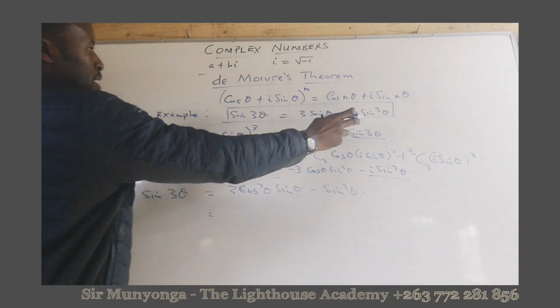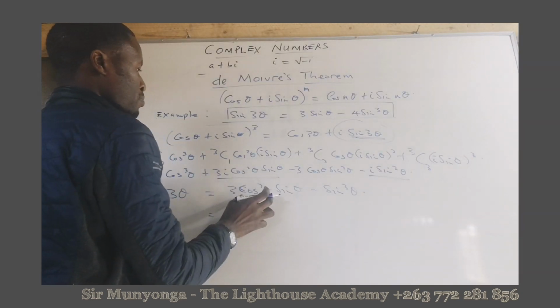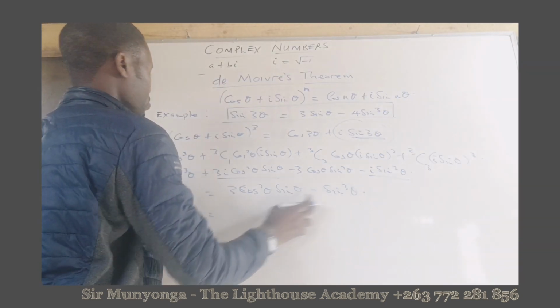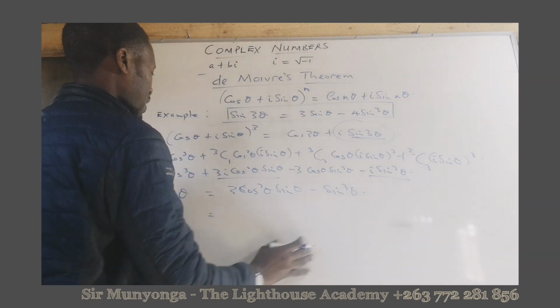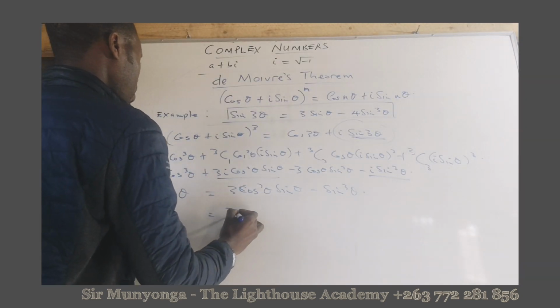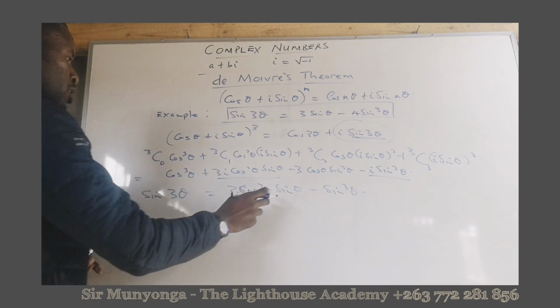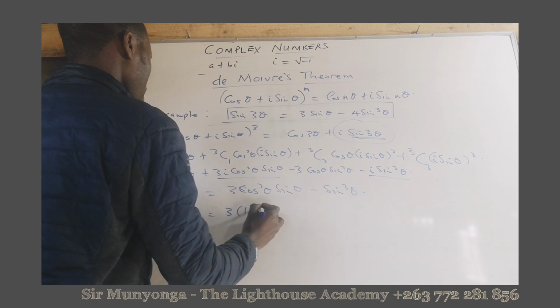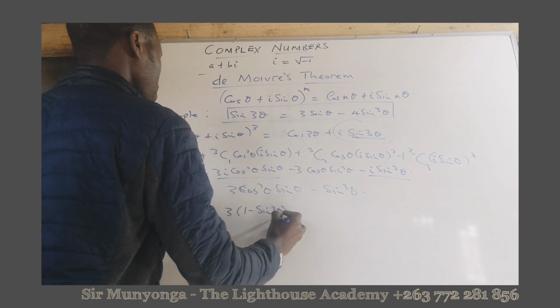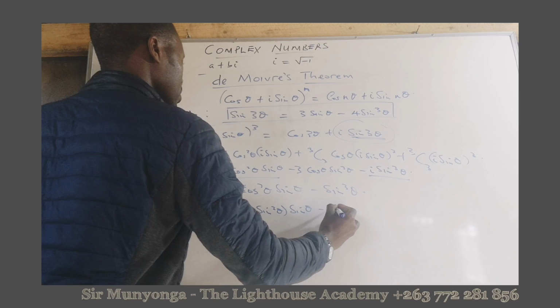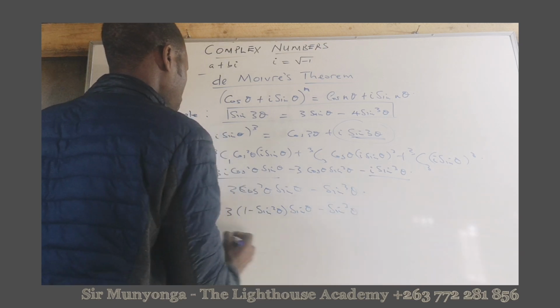Remember the identity does not have any cos, so we want to eliminate the cos squared and express it in terms of powers of sine. By the identity cos squared theta plus sine squared theta is equal to 1, we eliminate cos squared, and it becomes 3 times (1 minus sine squared theta) sine theta minus sine cubed theta.